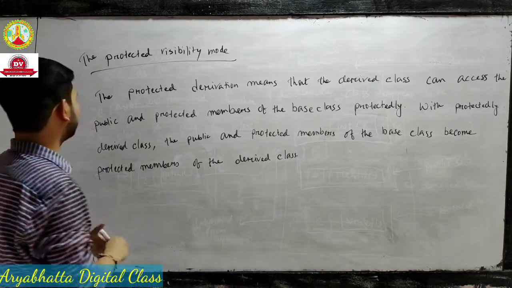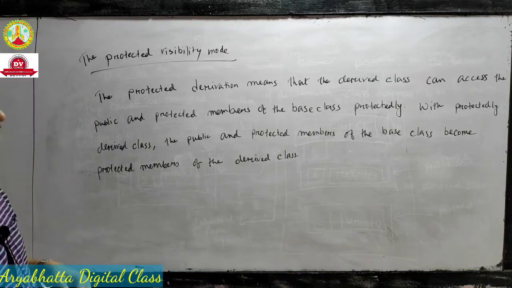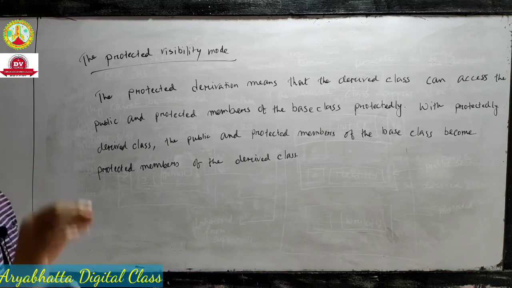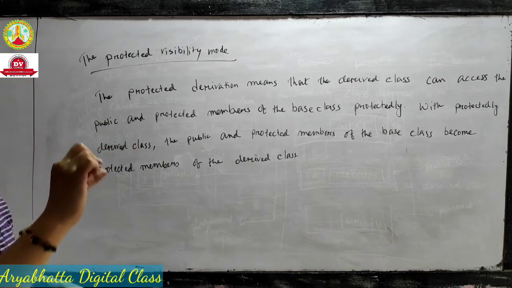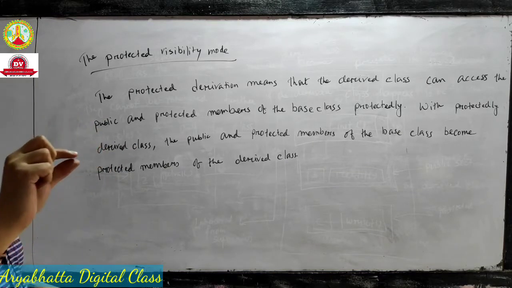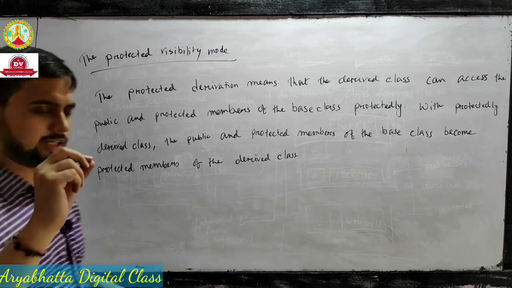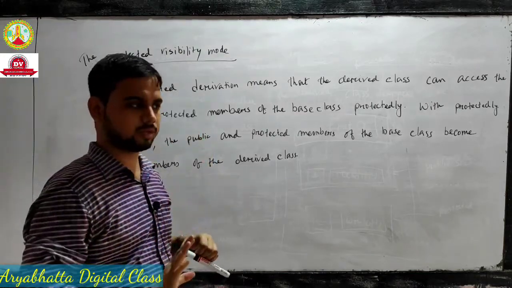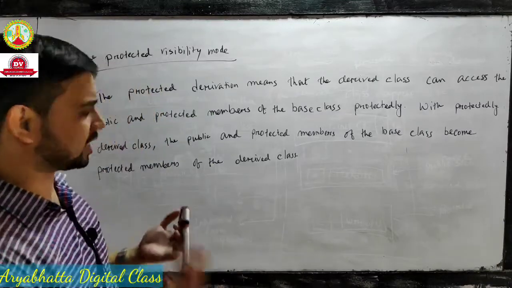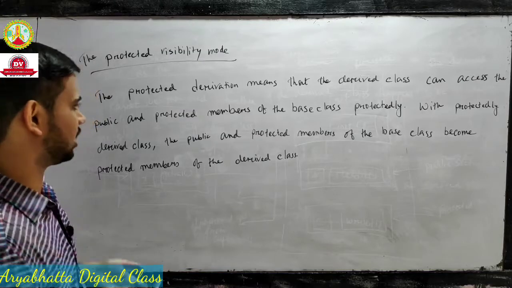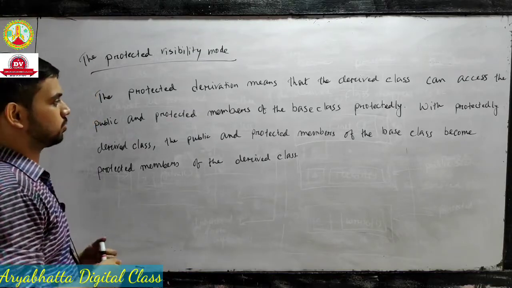The protected derivation means that the derived class can access the public and protected members of the base class protectedly. What you see in the table, the second row, protected base class: the inheritable public member of the derived class will be protected, and the protected inheritable member will also be protected.